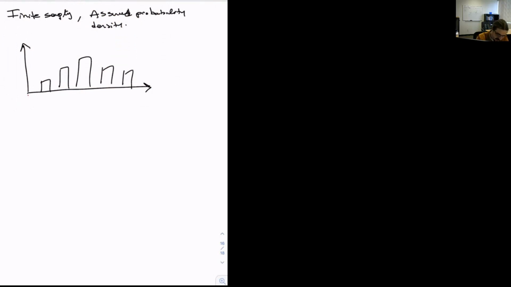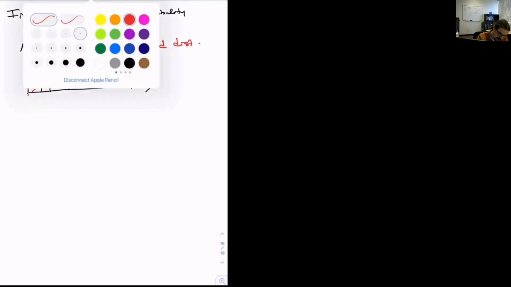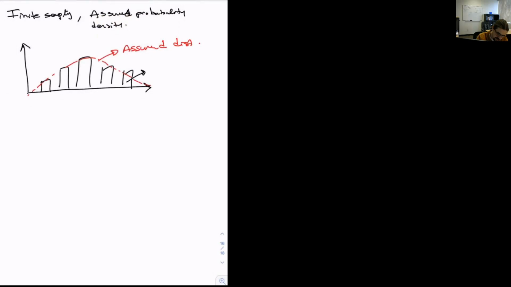And second, you will assume that these samples follow a normal distribution. So this is your assumed distribution, and that is your histogram.